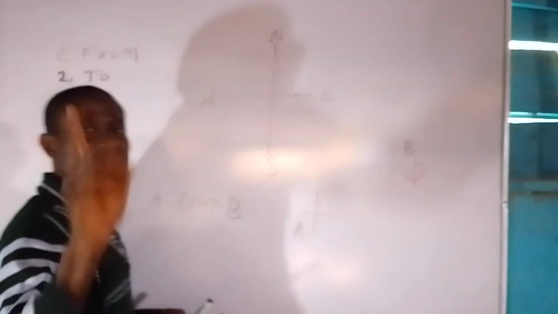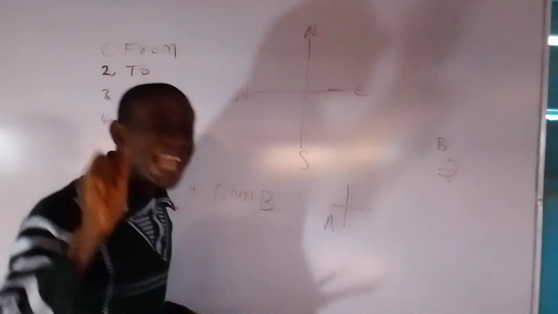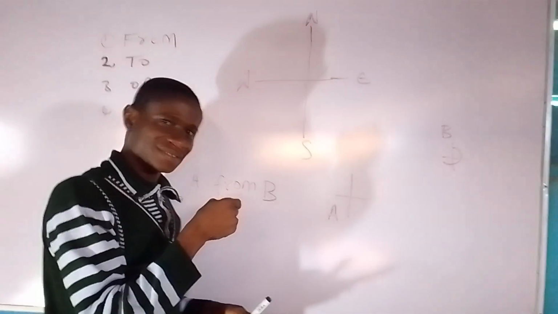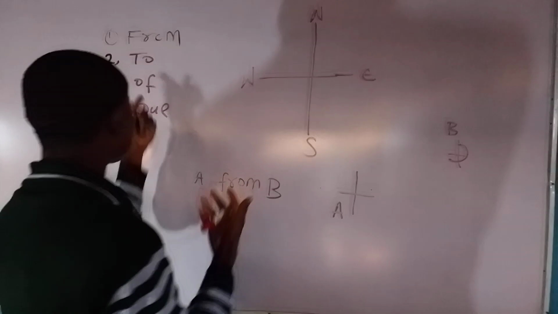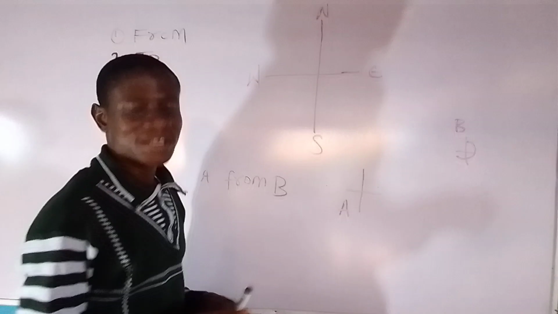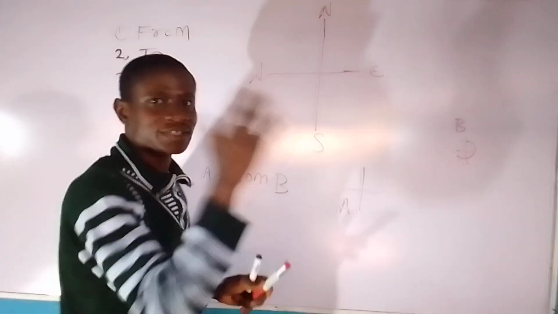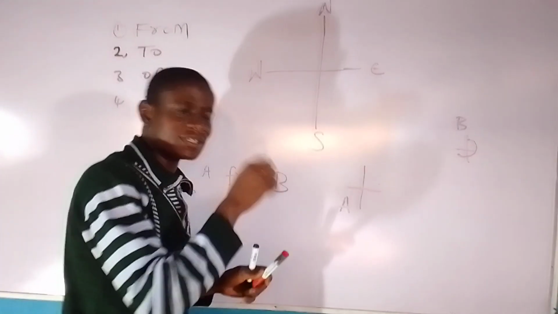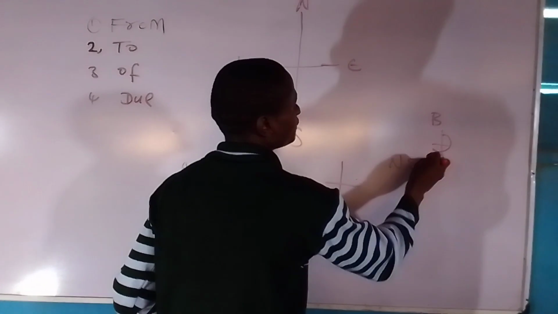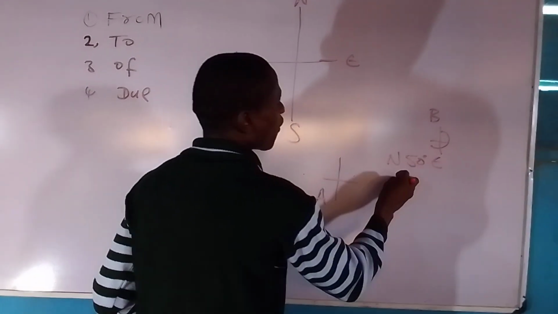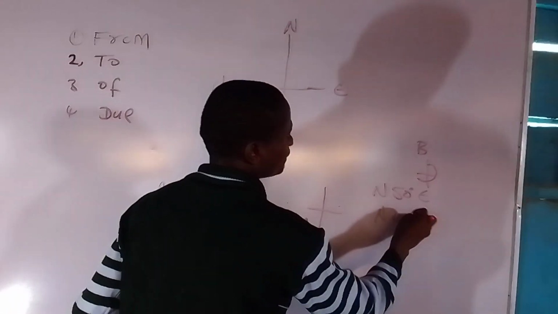And always start from the North Pole. Always start from the North Pole unless it is stated. Stated in the sense that, as I explain, I will tell you what I mean by stated. Because there are some bearings that are stated, when they write something like N 50 degrees east, or north 40 degrees west.